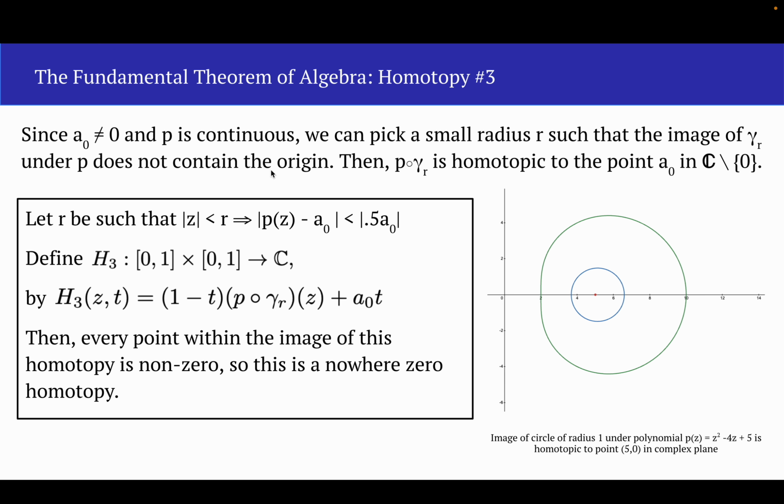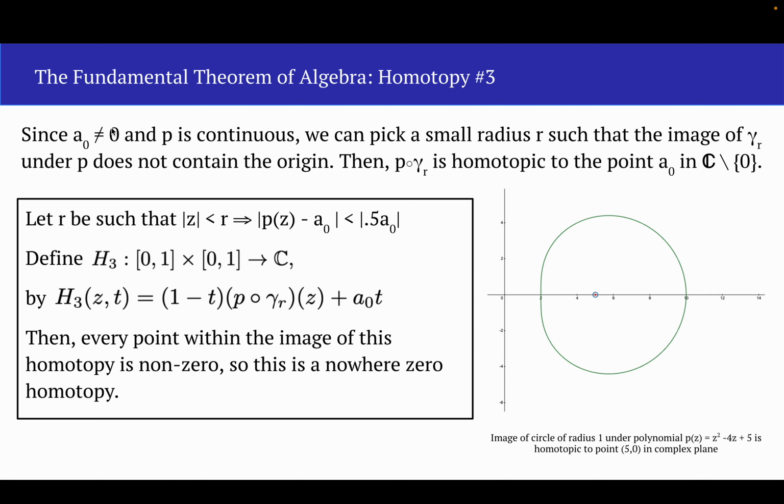So now what we're going to do is show that we can take the image of our small circle and map it to a point. We'll do this by picking a very small radius r, such that the image of gamma of r does not contain the origin. We can do this because, recall, we assumed that a naught is not equal to 0 and p is continuous.